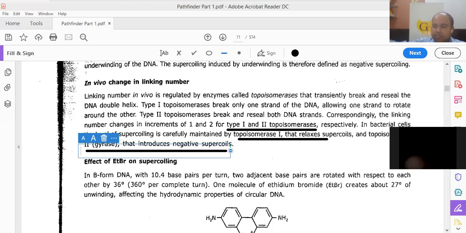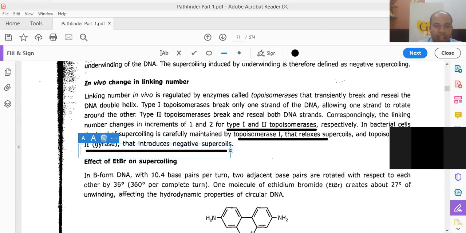I have a double-stranded DNA molecule in front of you. Now, if the strands have too high a negative supercoiling, then the two strands of the DNA are going to be separated apart from each other. When the two strands are separated, this DNA will lose its stability.